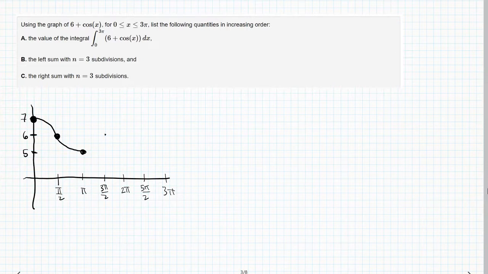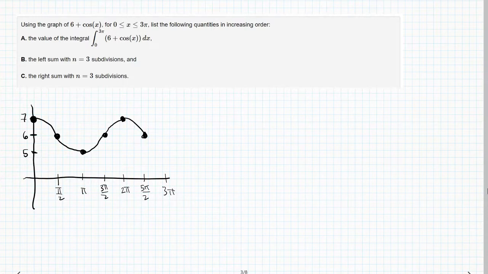Cosine of 3 pi over 2 is going to be 0 once again, so you'd get 6 at that point. And then cosine of 2 pi, we're back, made full circle if we're using the unit circle, and so we go back right to that 2 pi part. Cosine of 5 pi over 2 is 0, so we're back to this part.